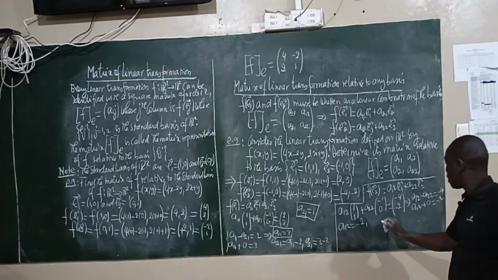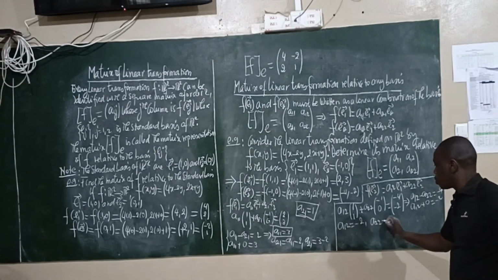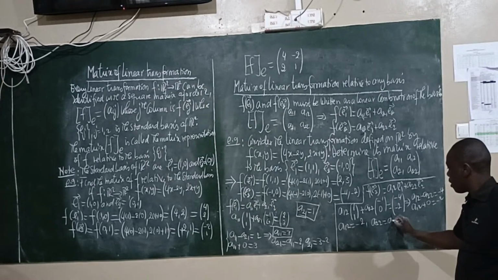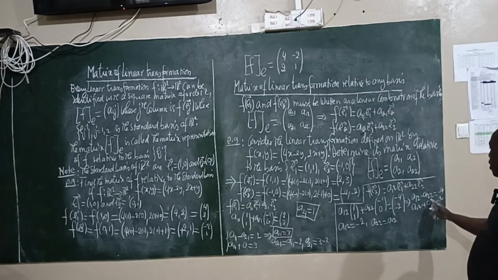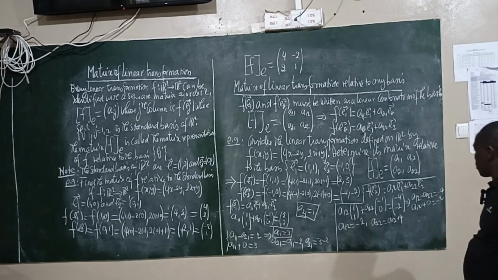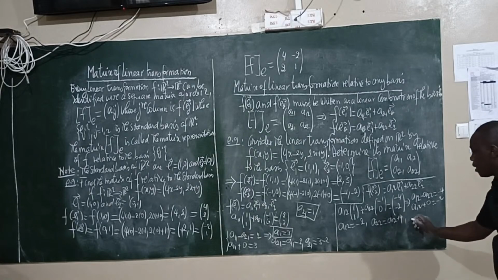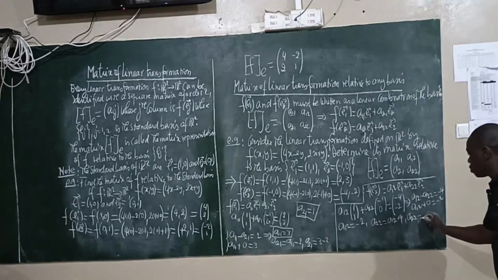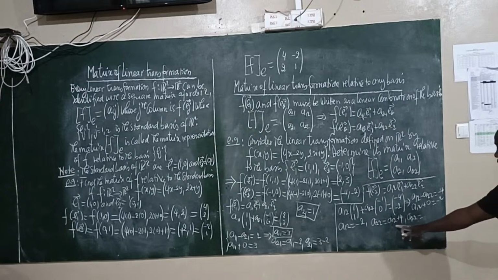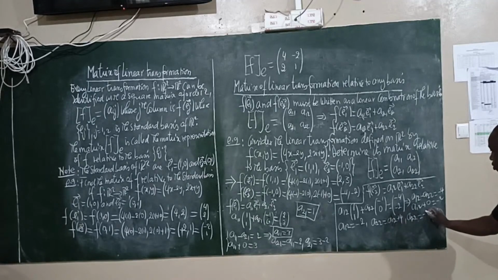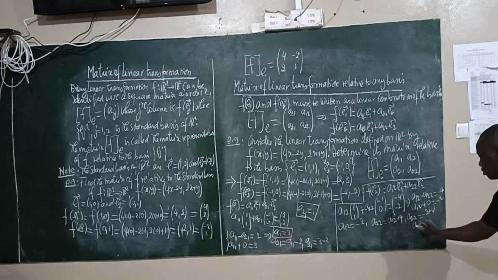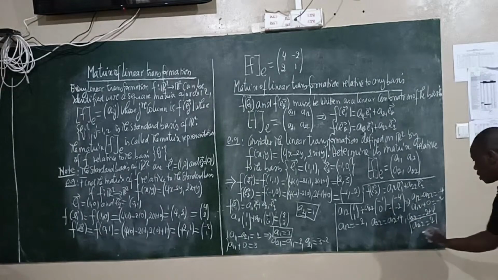This means a22 will be given by a12 plus 4. Okay? And a22 is going to be a12, that is minus 2 plus 4. A22 here is going to be 2.